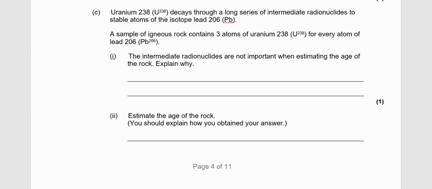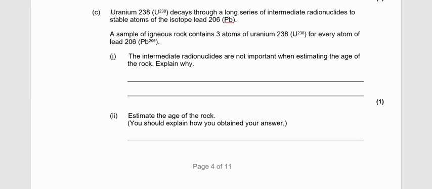Part C is about decay chains. Why are the intermediate radionuclides not important when estimating the age of the rock? Well, they are very short-lived compared to the half-lives of uranium or lead. Many people struggled with Part CII, estimating the age of the rock.